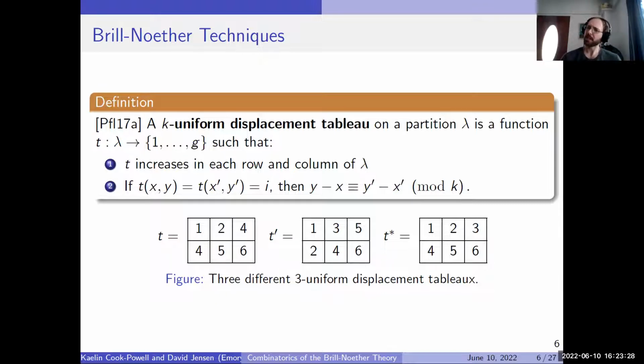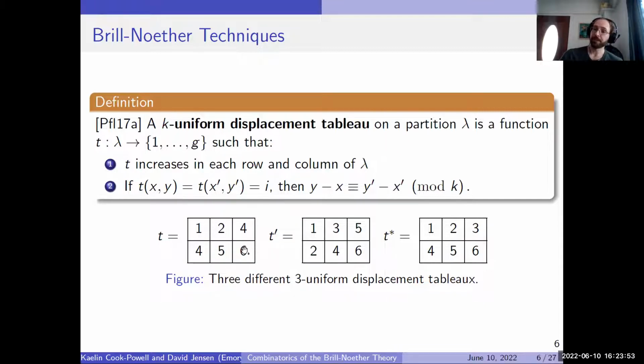The second part is going to be the weird one, which is kind of like a modularity condition: if I have the same symbol appear in two different boxes, then I need to guarantee that the difference of the coordinates of the boxes is congruent mod K.